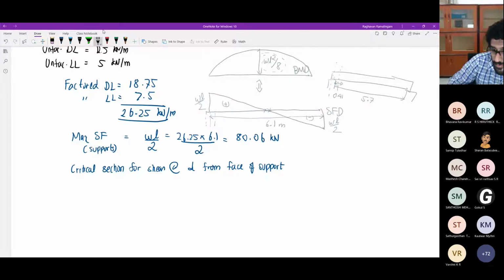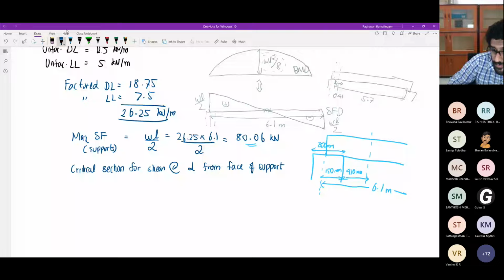So we have calculated the shear force for a span of 6.1 meters. And at 0 meters, I have a shear force of 80.06 kilonewtons. However, I need my shear force at a particular location, which is 6.1 minus 0.15 minus this D, which is 410 mm. So this is 6.1 minus 0.56.